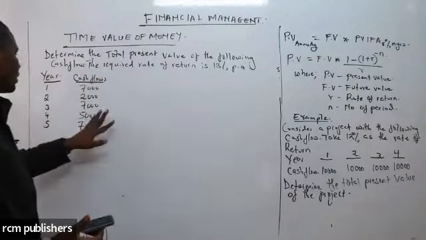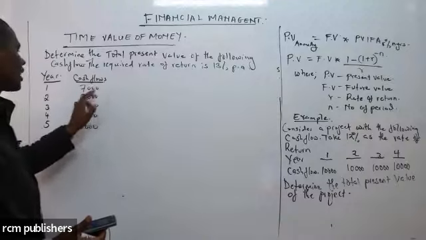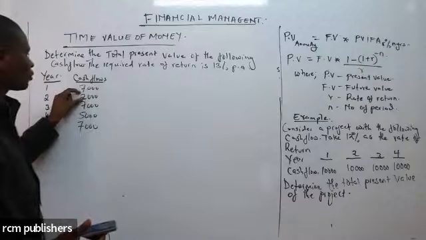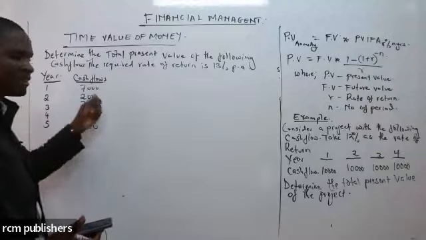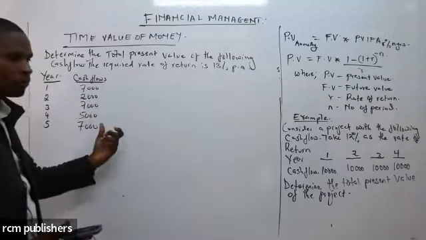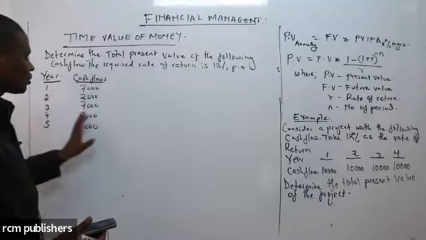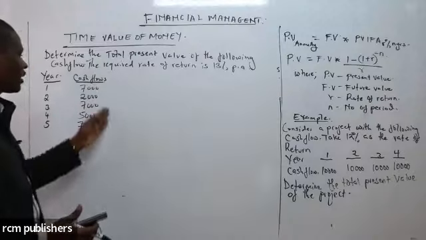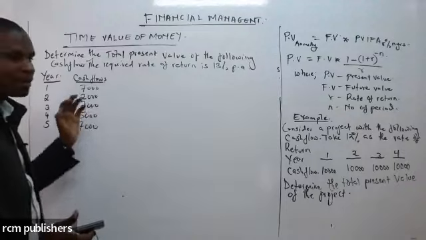For example, if I eliminate my 2,000 here and replace it with 7,000, most students will term that regular cash flow because only one year does not rhyme with the rest. No, if one item does not rhyme with the rest, it makes all those cash flows irregular cash flows. So in my case here, these are irregular cash flows.